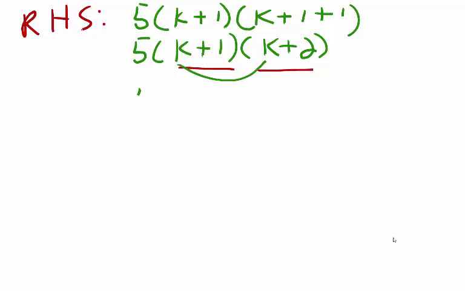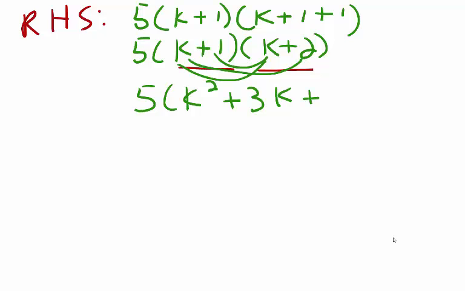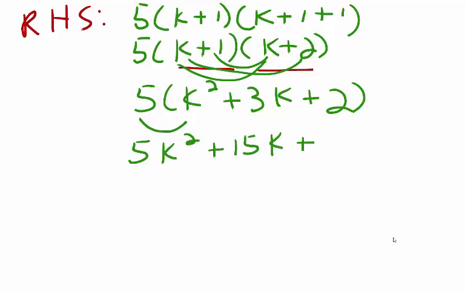So we have 5 times k squared plus 2k plus 1k, which gives us 3k, plus 2. Now, distributing our 5, we have 5k squared plus 15k plus 10.